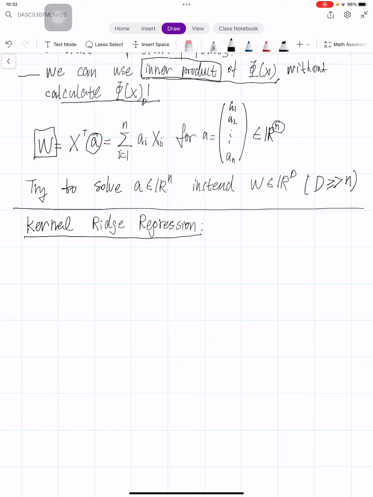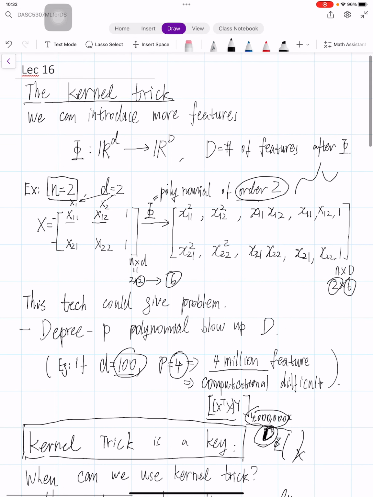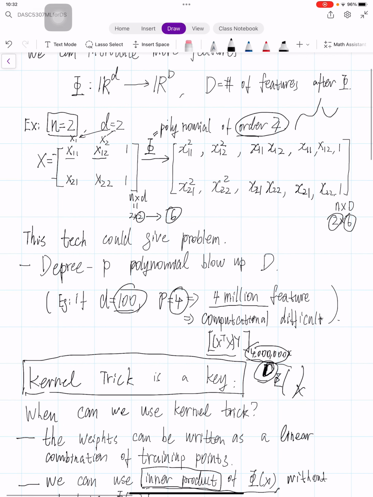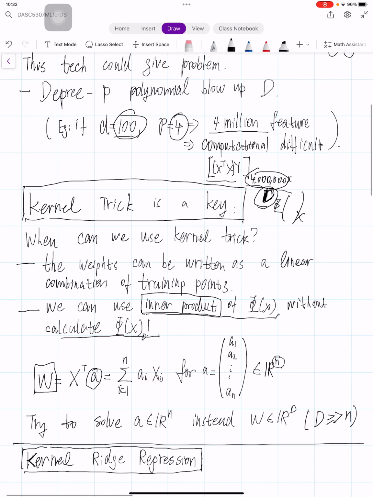Think about applying, for example, a polynomial of order 4, with a sample size of 100.